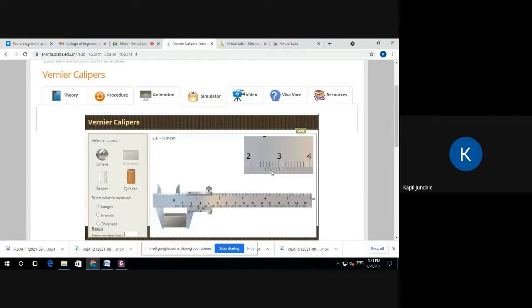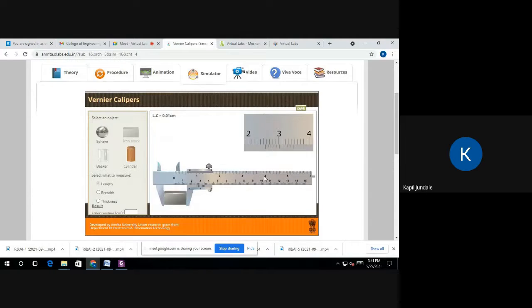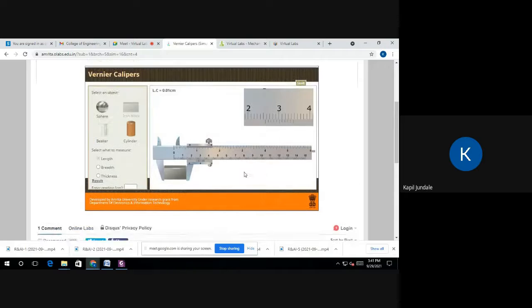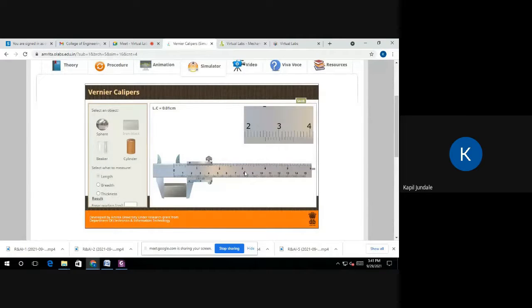1, 2, 3, 4, 5, 6, 7. The seventh line is exactly coinciding with the main scale, which means small n is 7. Capital N is 2.5, plus small n into the least count is our formula: N plus n into the least count, where capital N is the number of divisions on the main scale.